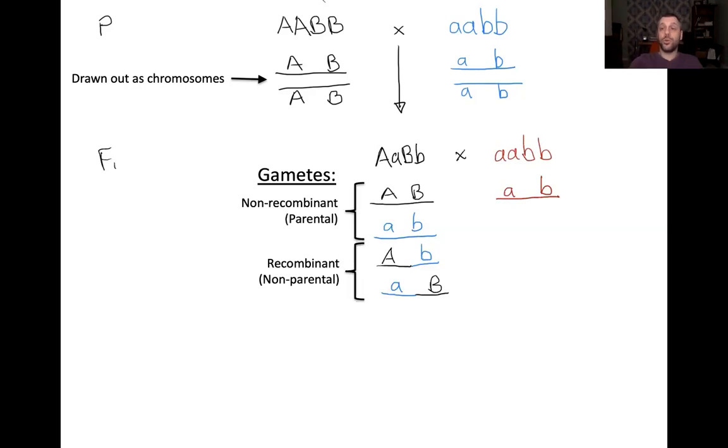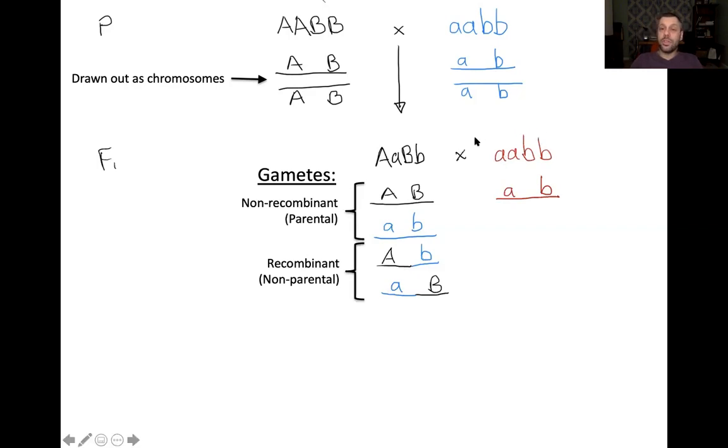The top two are non-recombinant. They look exactly like the parents up here, big A, big B and little a, little b. And the recombinant ones are down here. These are the non-parental ones, which can only arise by a crossover taking place.